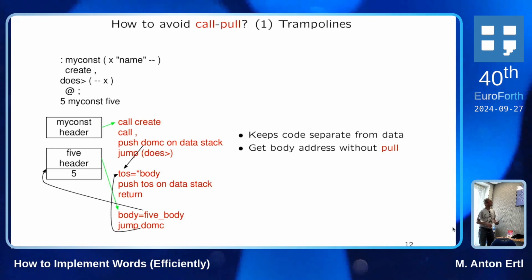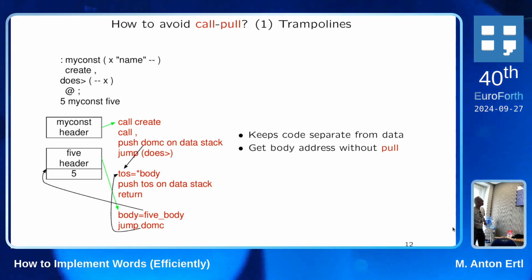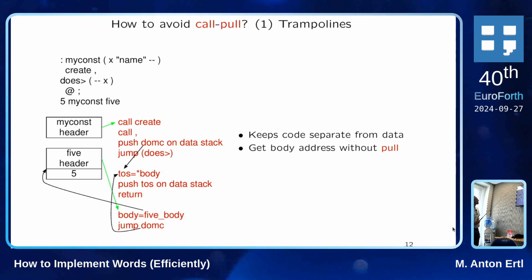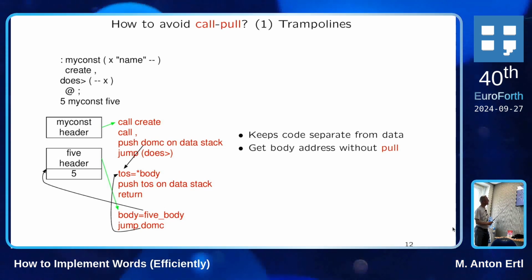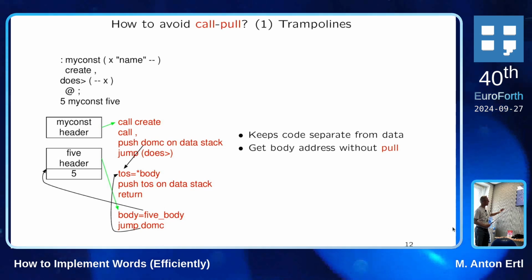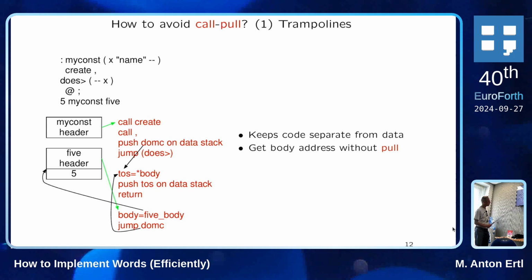Okay, so how to avoid call pull? One option is trampolines. For each word, like 5 in this example that we have seen, we create a small piece of native code that does basically what this assignment to the W register does.